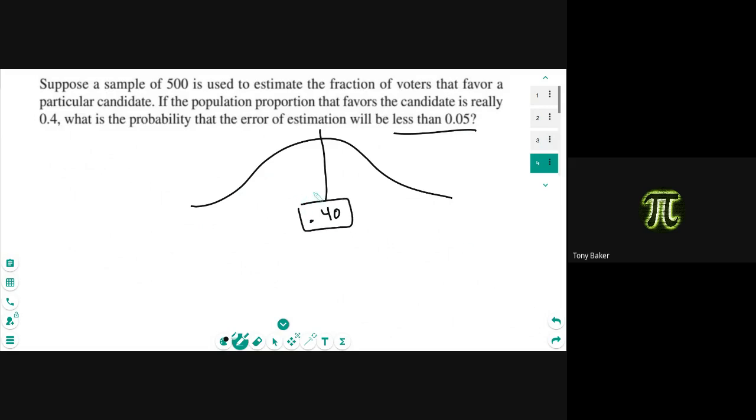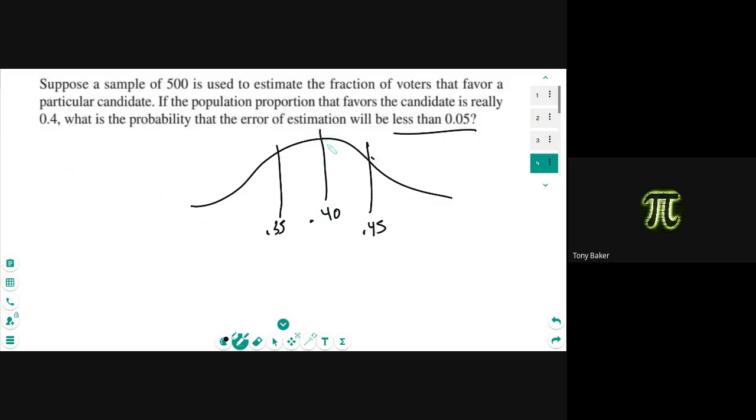What would be the smallest I'd want my survey to come out to be? What's 5% less than 40%? 35%. What's 5% more than 40? 45%.